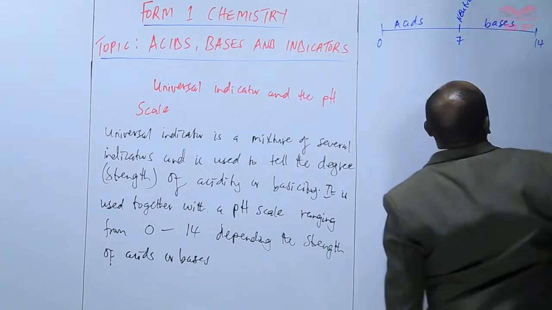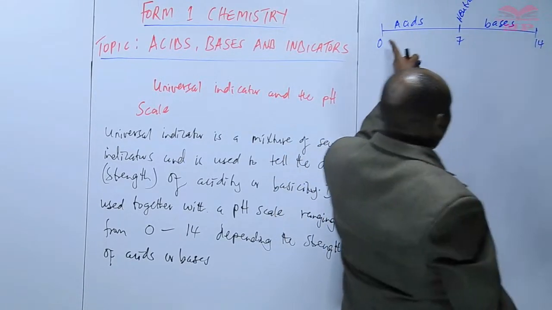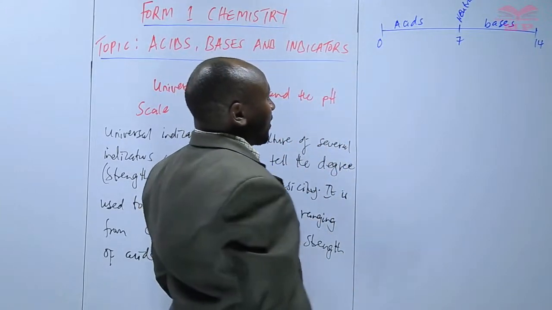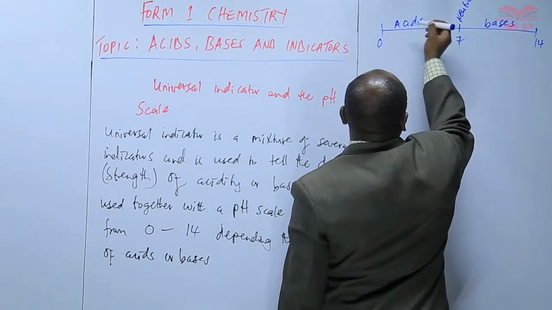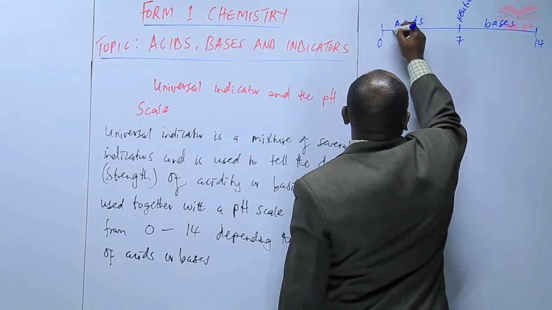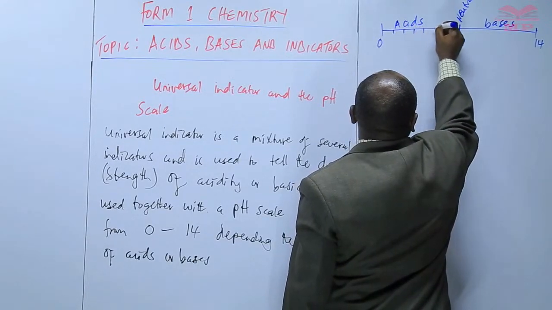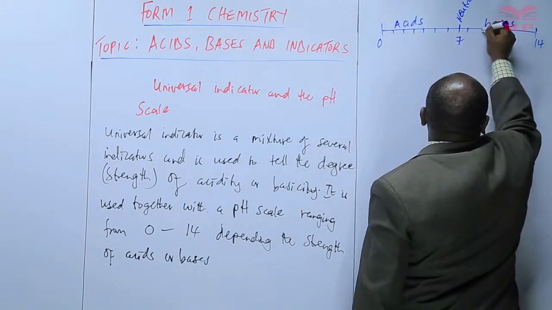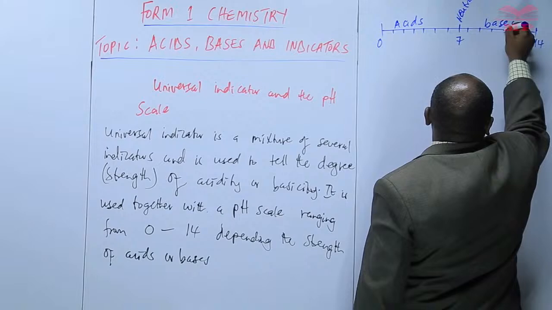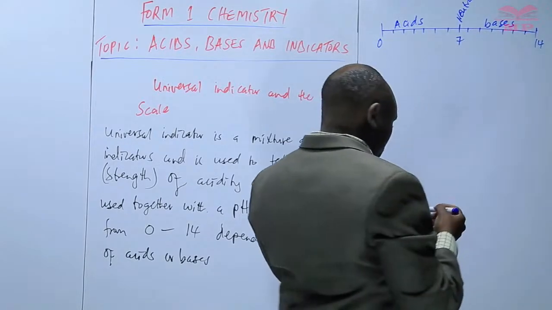When something is neutral, it means that it is neither on the base side nor on the acidic side. Then it has pH values 1, 2, 3, 4, 5, 6, 8, 9, 10, 12, 13, 14.